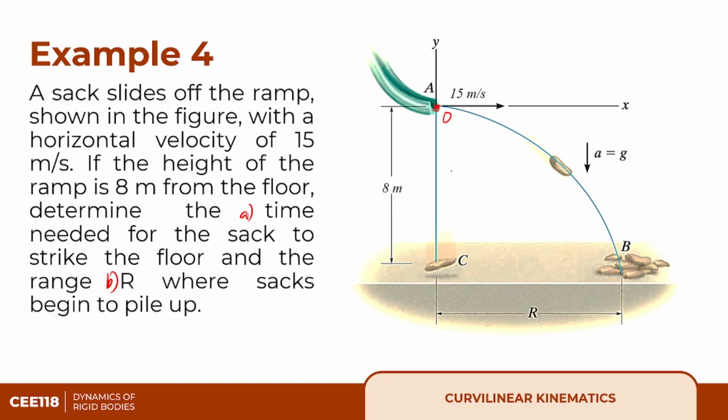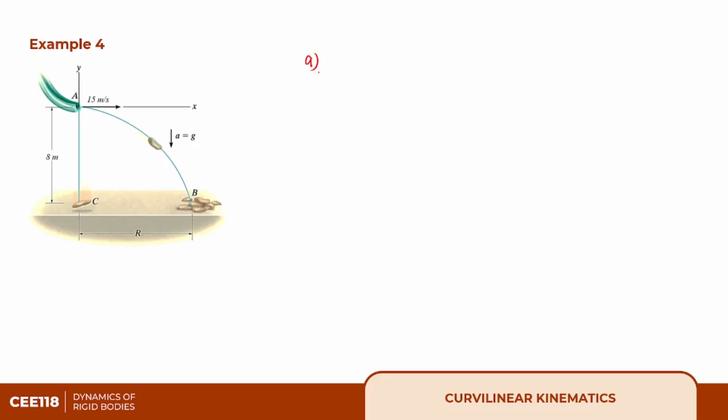So, for letter A, gagamitin natin na formula would be the height, or y is equal to your initial velocity along y times time minus 1/2 g t square, wherein yung y is nasa baba, so negative yan. Since our velocity at initial point is 0, magiging 0 yan.